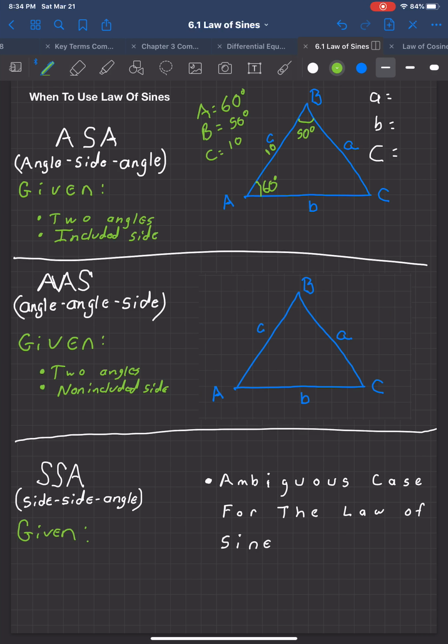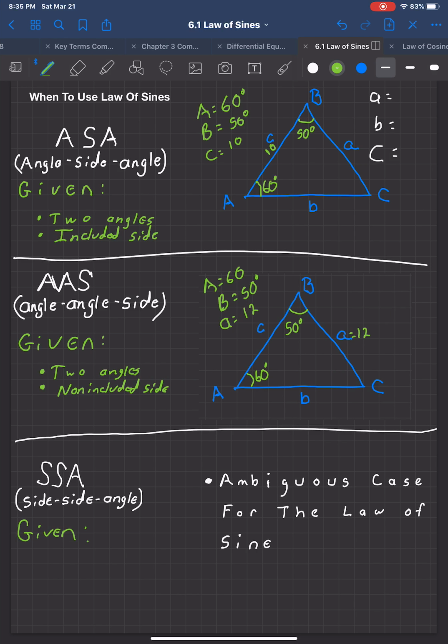Let's just say that A is 60 degrees again, B is 50 degrees again. But this time you don't have an included side, you have a non-included side. So it might be something like little a is 12. Okay, so let me draw that out. So we have A is 60 degrees, B is 50 degrees, and now little a is equal to 12.